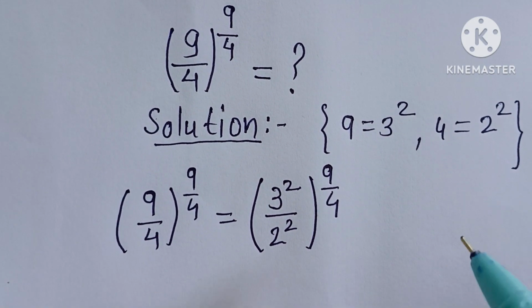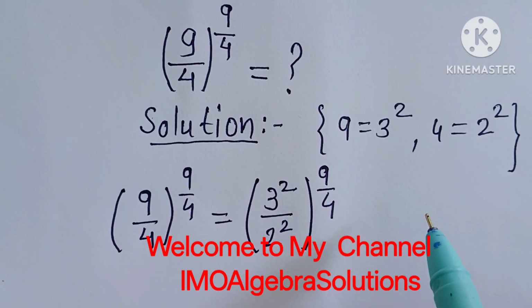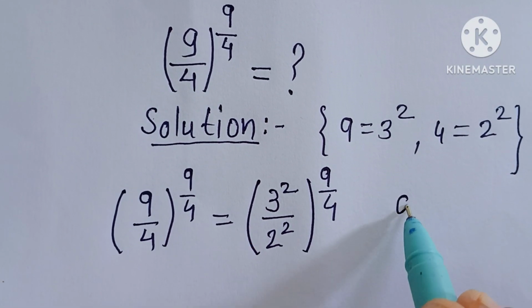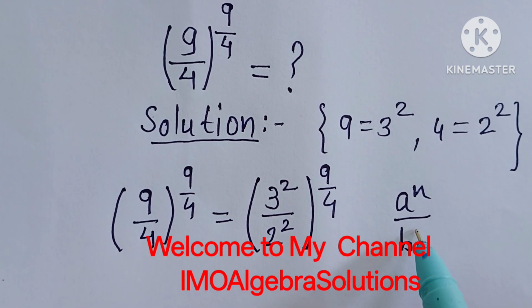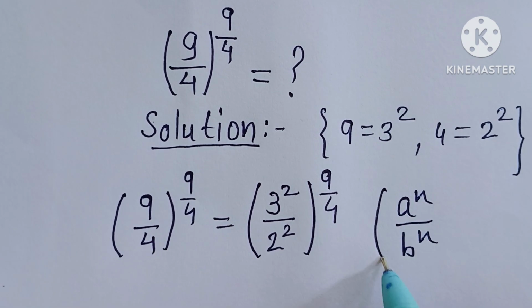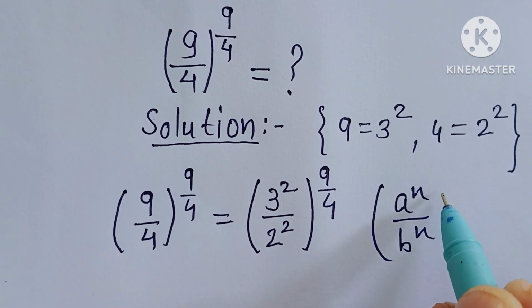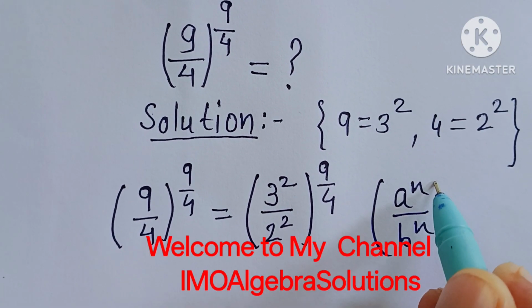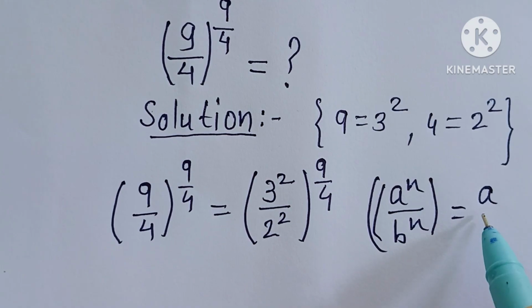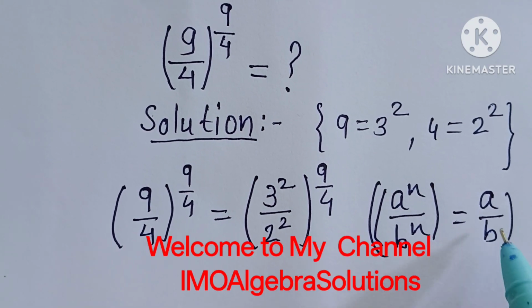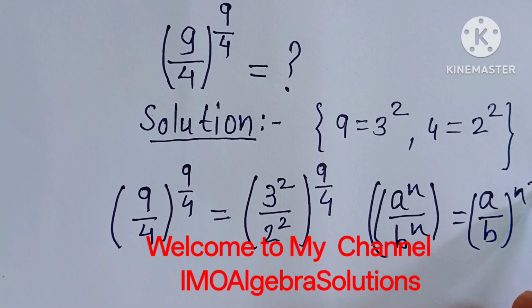Now here, a raised to the power n divided by b raised to the power n equals (a divided by b) whole raised to the power n.